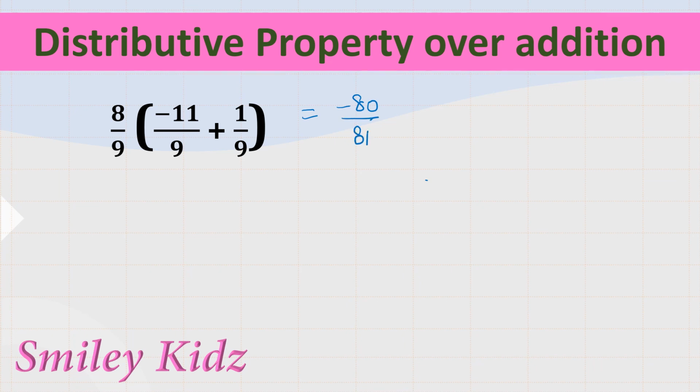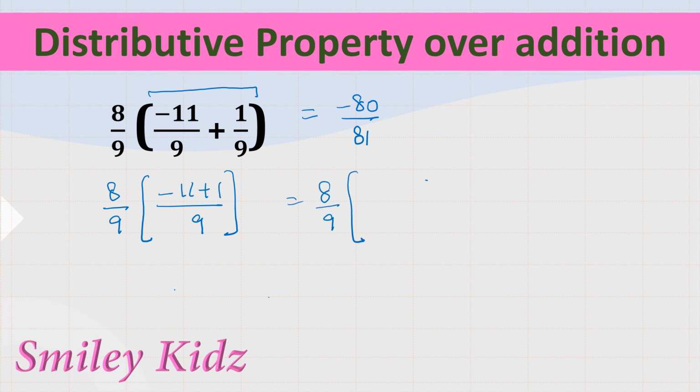So let's check. First, we'll be solving the brackets part. Here we are having different signs. First, let's write it in this way, which is equal to 8/9 multiplied by the bracket. There are different signs, so we'll be subtracting, which is equal to minus 10/9.